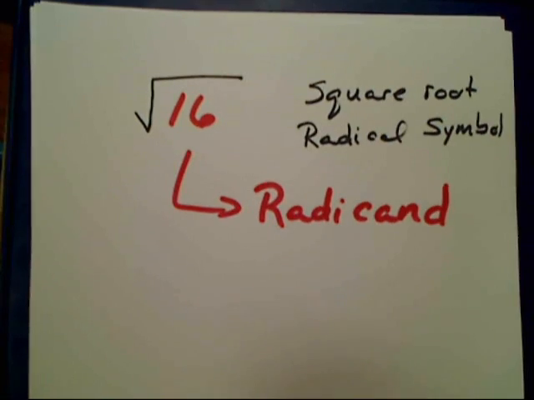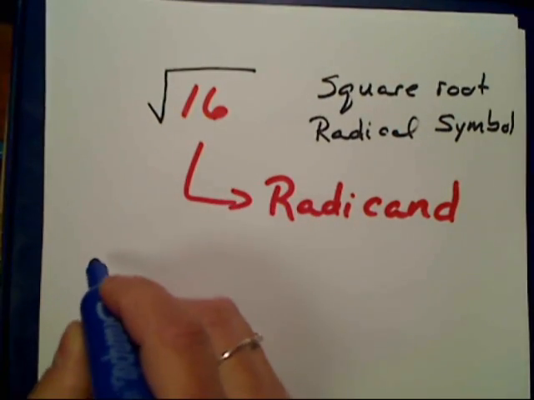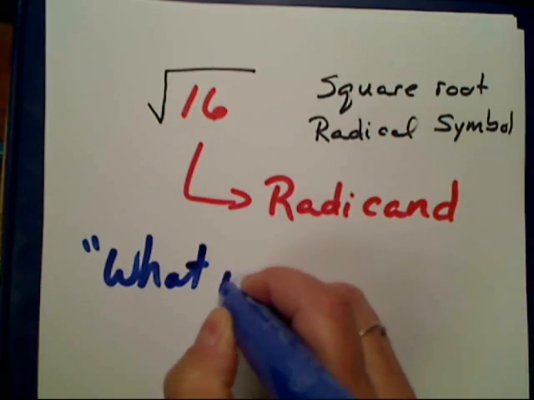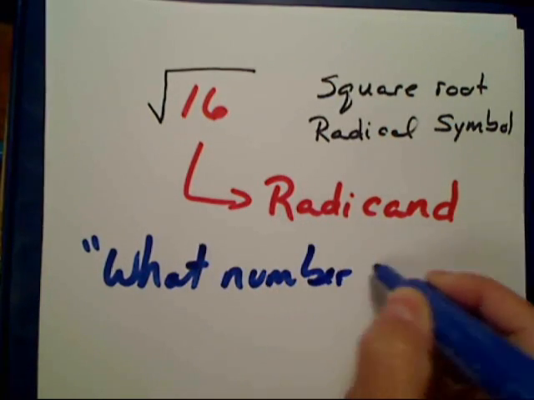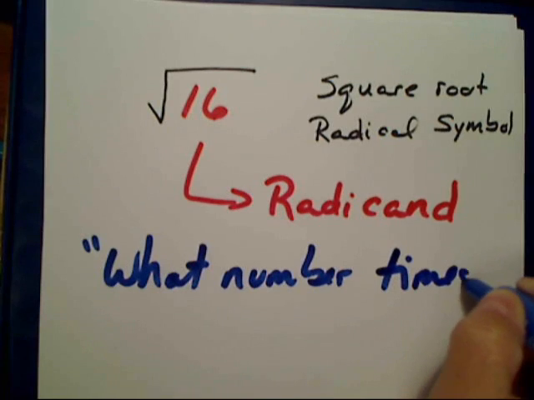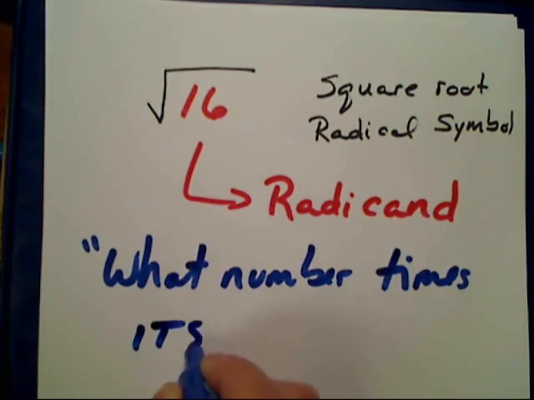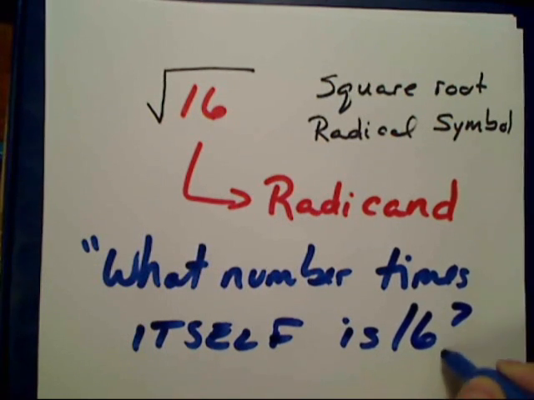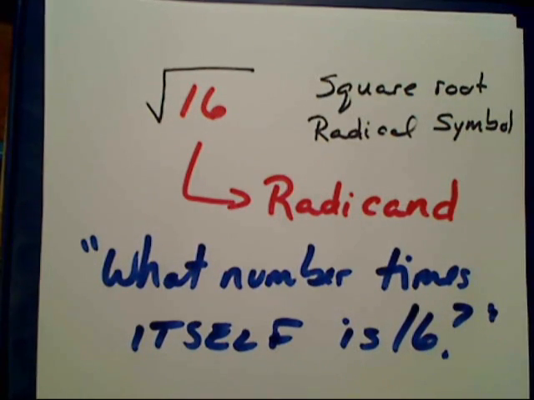Okay? So when we see something like this, the square root of 16, we're asking ourselves, what number times, and this is key, itself is 16? The answer to that is the answer to what is the simplification of the square root of 16.